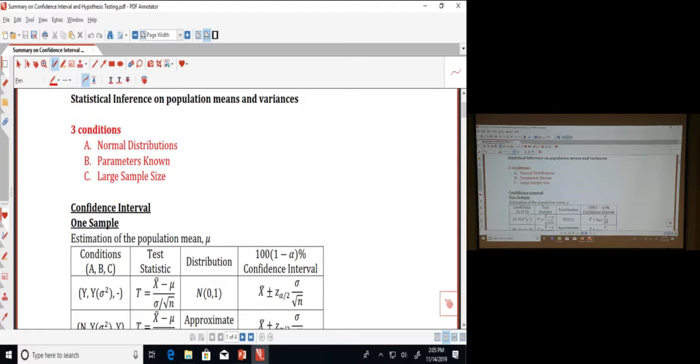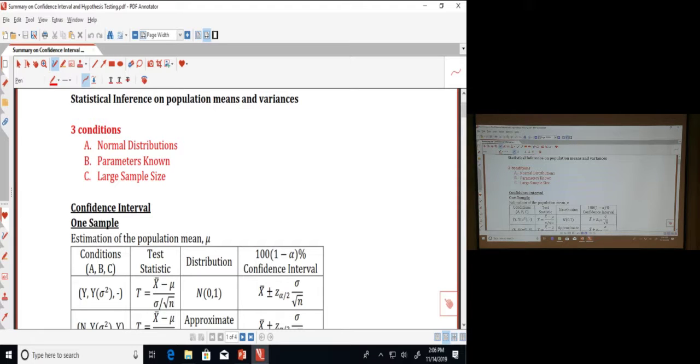So yes for A, normal distribution. Yes for parameter known. What we mean by parameter: because we're talking about one sample, we're constructing a confidence interval for the mean mu. That is the quantity we need to find the confidence interval for. But there are other parameters, so the question is whether we know them or not. In this case, we refer to sigma square.